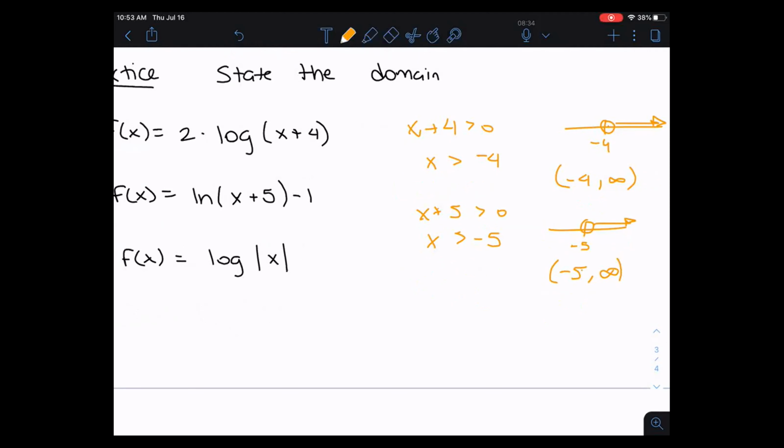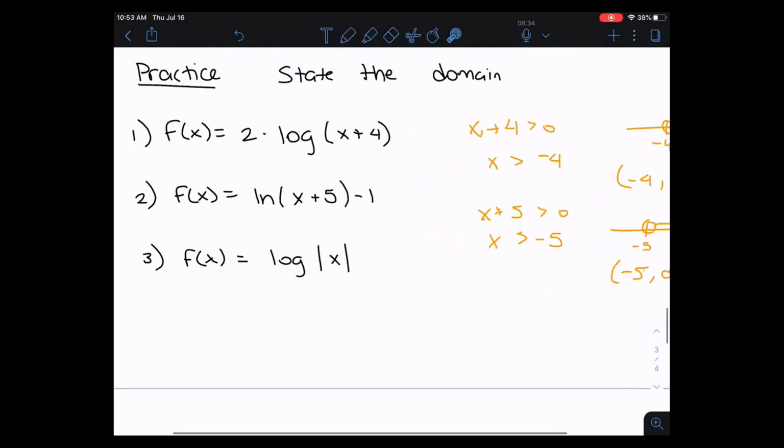The question was, what happens in this domain? I see some of you wrote that there are different domains. Would the domain ever have brackets in it? It depends on the question.